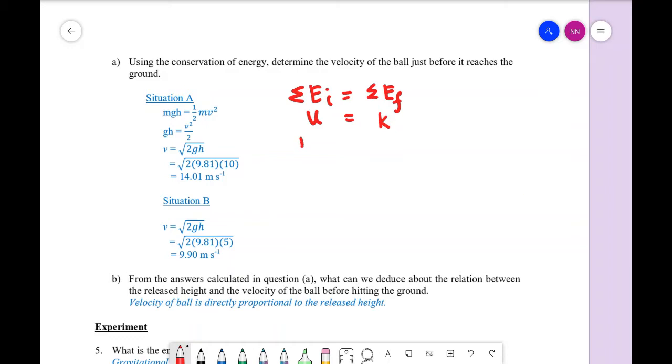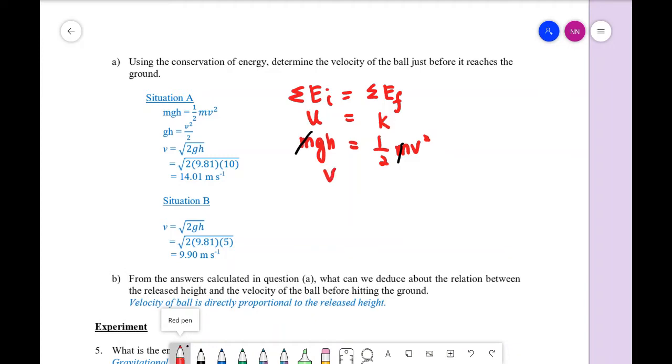So the formula for potential energy is mgh, and the formula for kinetic energy is half mv squared. Then you can cancel the m, and then simplify. Let v be the subject.